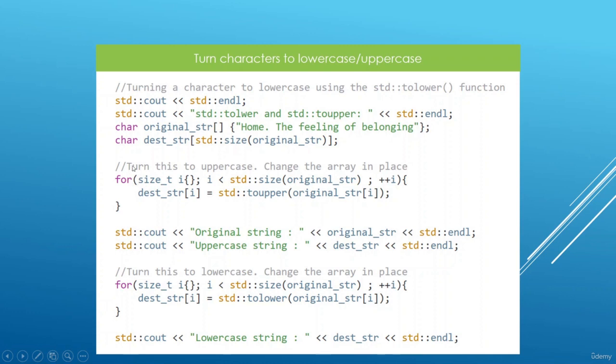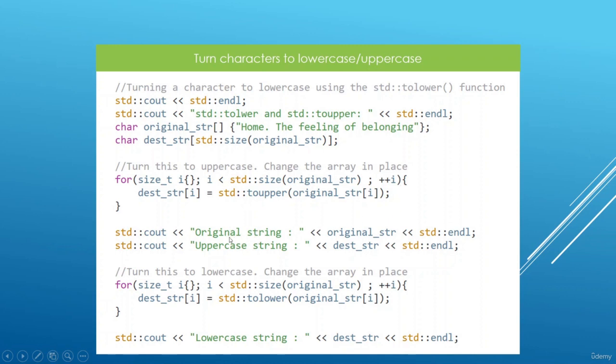Here you see a loop that is going to turn our message here into uppercase. We're going to loop around by the size of the original string, grabbing each character at each iteration and turning that to uppercase. This is what the std::toupper function does.